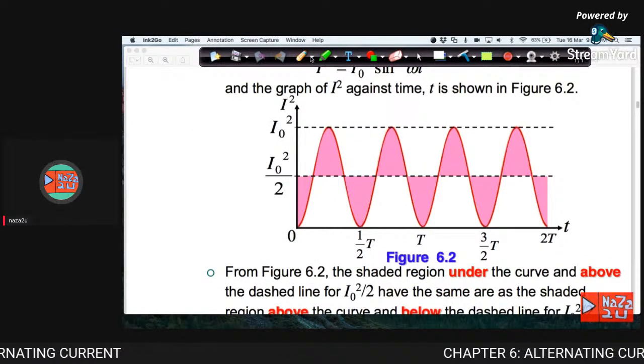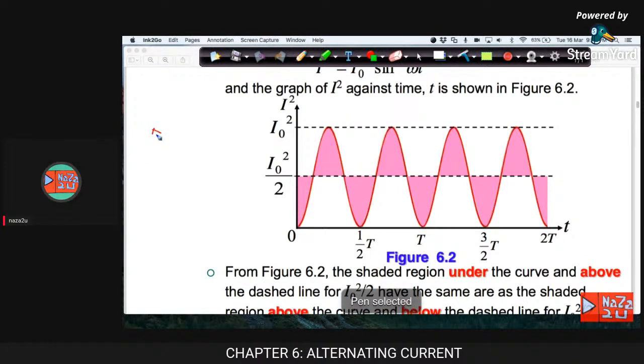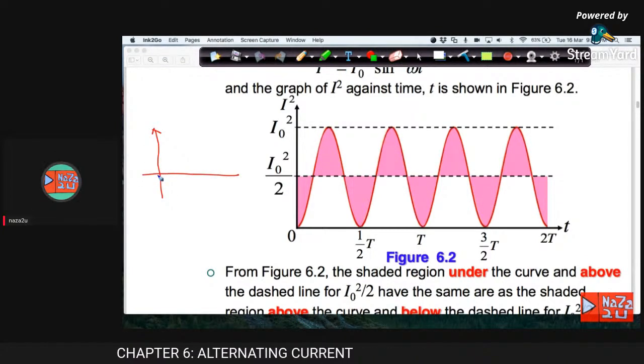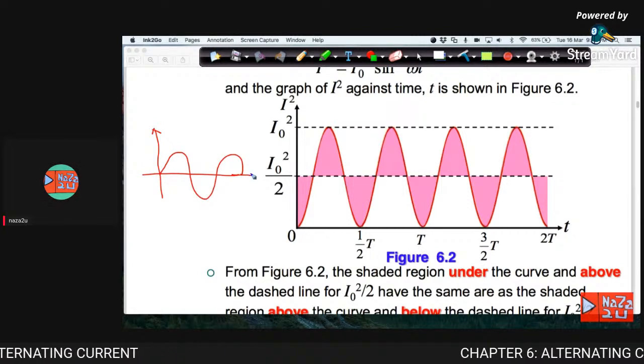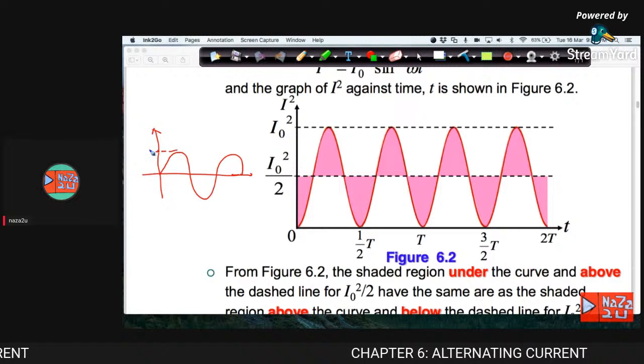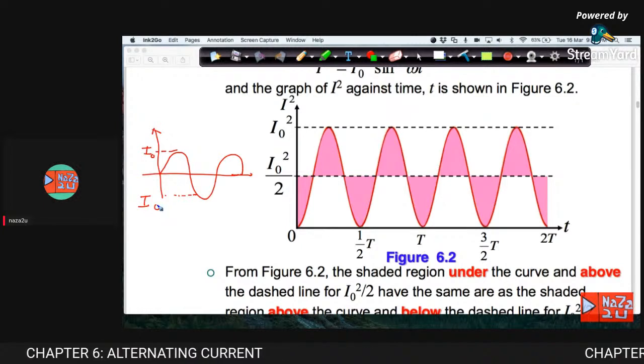So kalau graph yang asal, yang AC current kita bincang tadi, kita ada sinusoidal graph yang tadi. Jadi ini katalah I0. Sini juga adalah I0 ataupun I maximum.